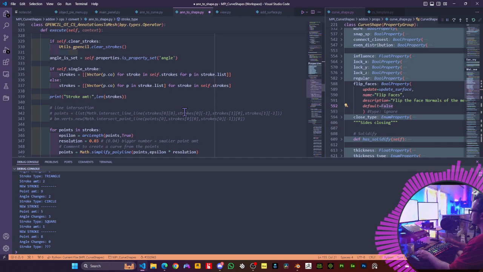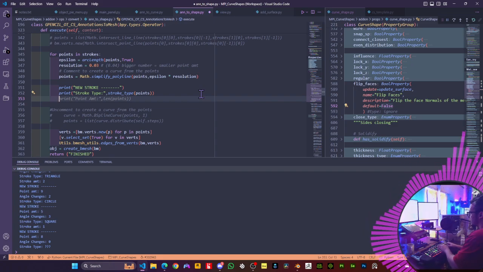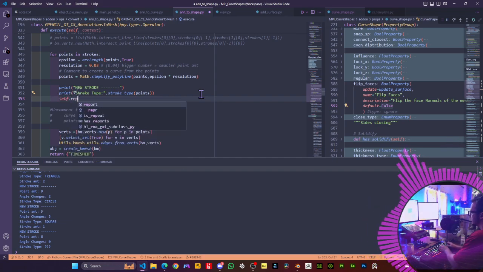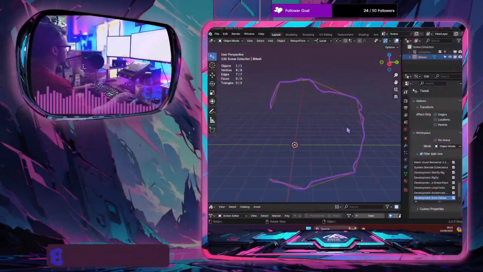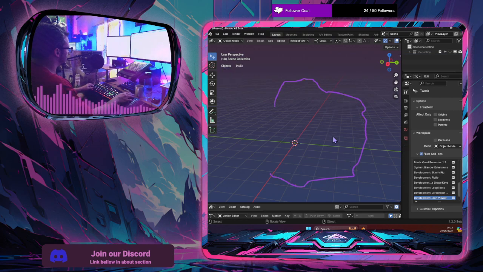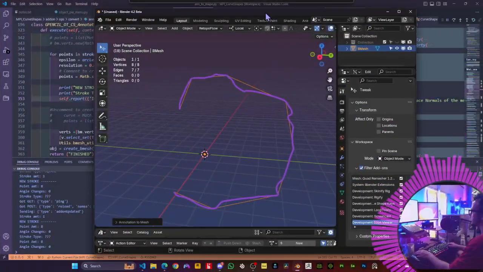And now using my pen tablet, I'm going to check out what results we get. If I do a self-report like this, I should have the stroke point, the type, inside of Blender. Right there. Because I'm not going to be seeing my prints.